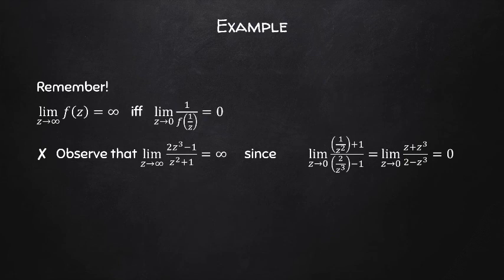And then we change the form of the function in the problem and do the simplification, so we get the limit as z tends to 0 of (z+z^3)/(2-z^3) equals 0.